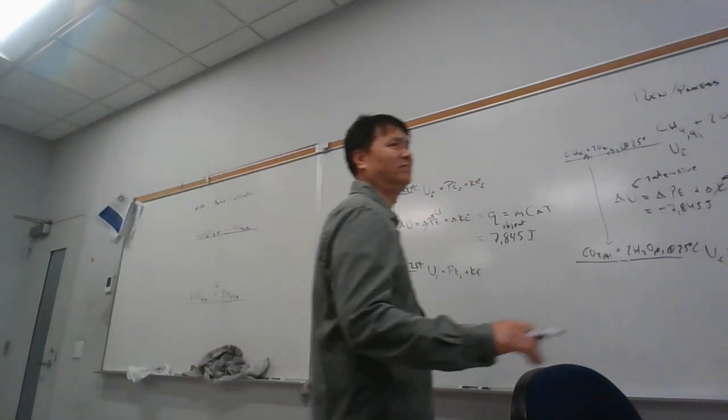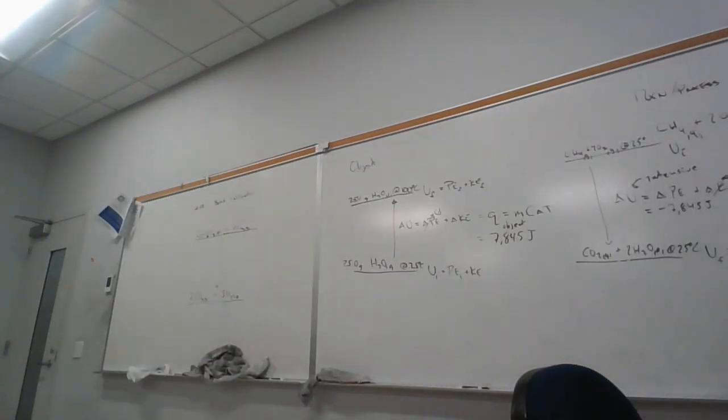Now, it says here the initial calorimeter temperature is 23.68 and the final calorimeter temperature is 29.82. But what are we going to do with this?